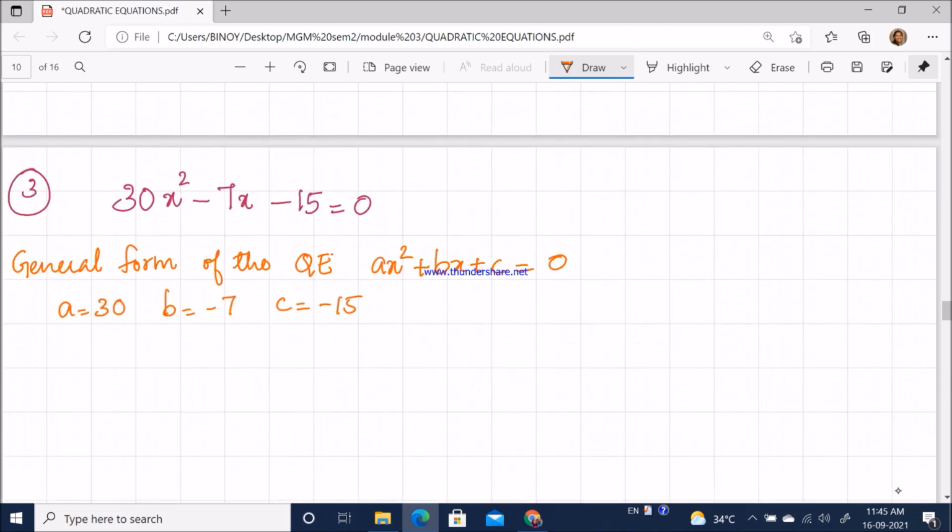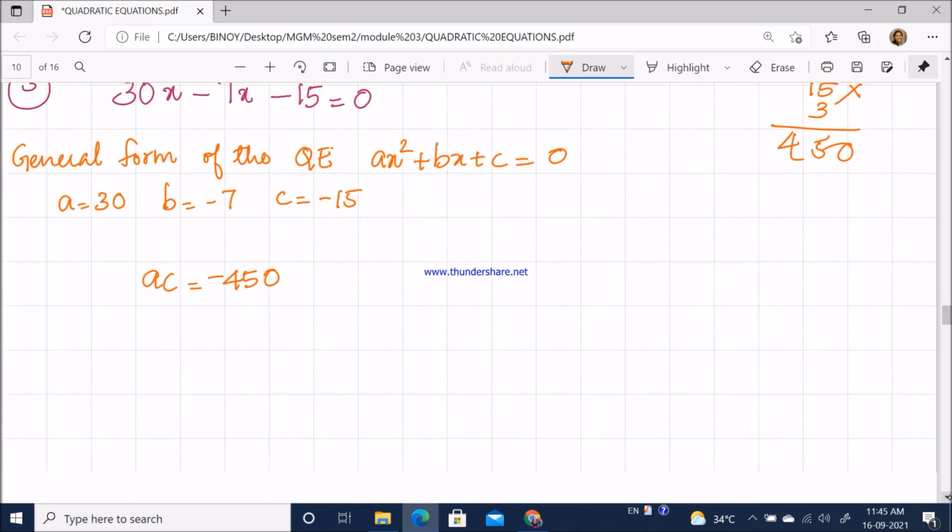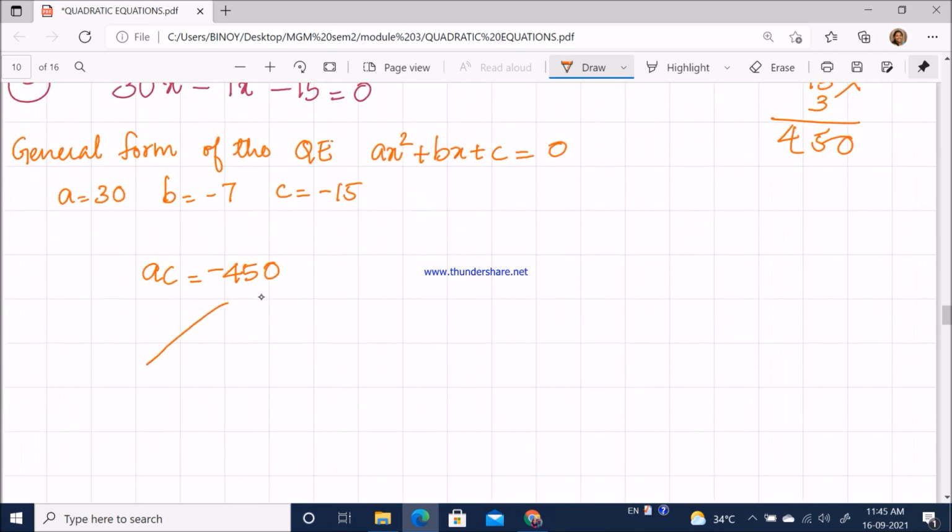Now let's see what is ac. So ac is equal to 30 into 15, that is minus 450. The product should be minus 450 and the sum should be minus 7.